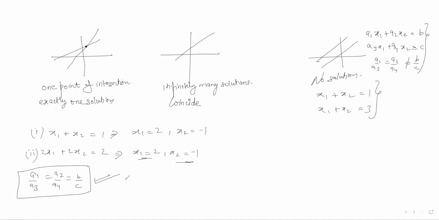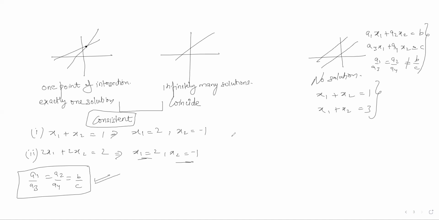So when there is one solution or infinitely many solutions, in this situation we say that the set of linear equations is consistent. When we have a solution, we say the set of linear equations is consistent.